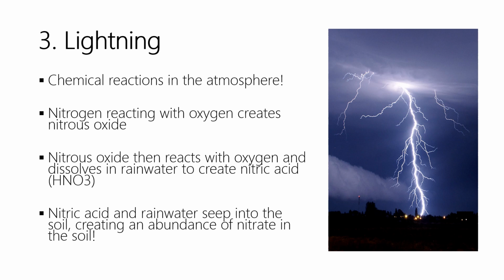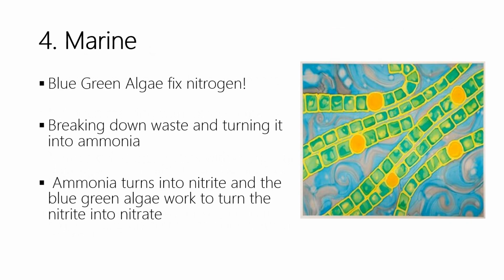The big idea here is that the nitrates are being absorbed. It's a repetition, I know, but it's the cycle, and this is just the processes in which this can take place. And the fourth way is in marine ecosystems. There are blue-green algae that fix nitrogen.